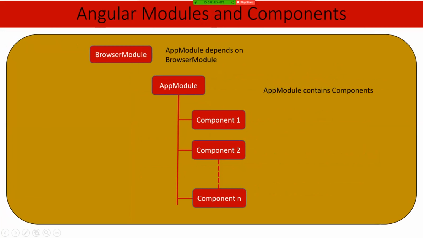There is something called an app module, which is your application module, your root module, and that root module will have a bunch of components in it. An application can have more than one module, that's possible, but one module will be the root module. In this case, it's called app module, that's our root module.